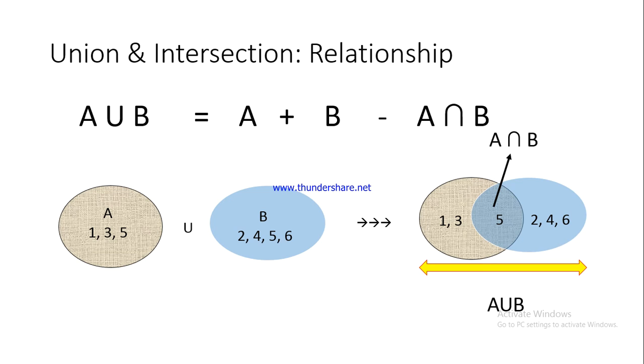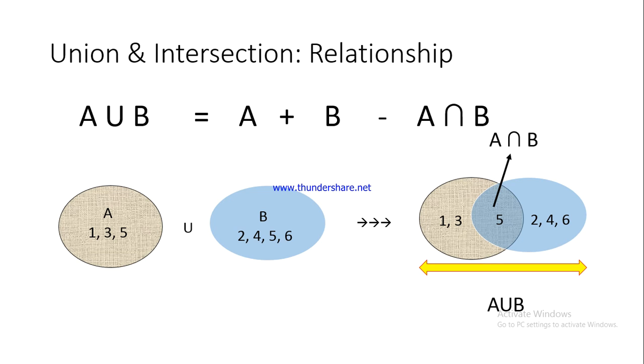Since it has been included twice, though in the figure which represents A union B it appears only once, you have to subtract A intersection B from A plus B to get this particular formula. So this is the formula that you will have to keep in your mind. This is the relationship between the union and the intersection. A union B is equal to A plus B minus A intersection B.